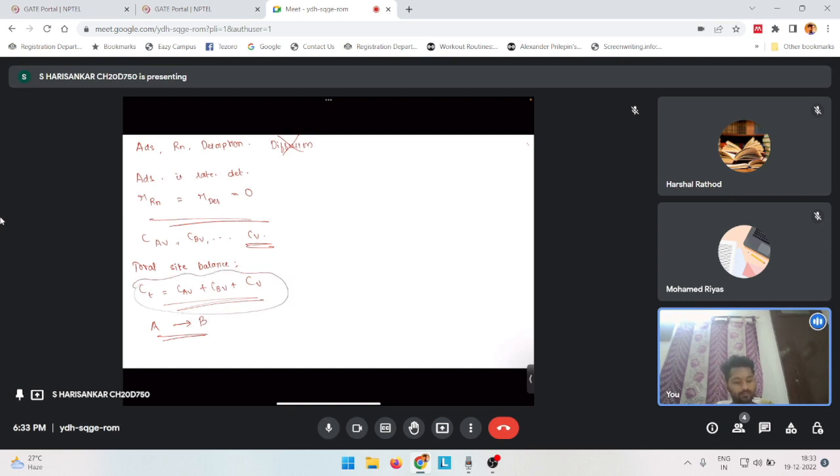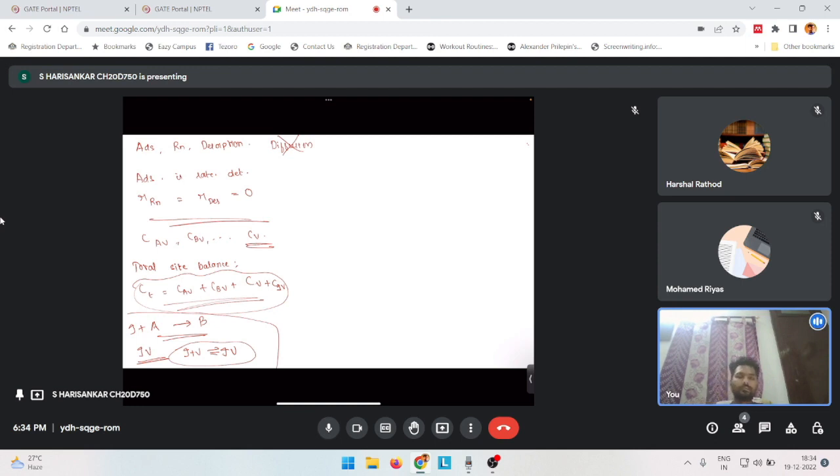And let's say you have something like an inert as well with A, and the inert is also getting adsorbed, like this: I plus V giving IV. If it is also getting adsorbed, then you will have a term CIV as well. So this is the total site balance. And using all this, you can find the overall rate law.